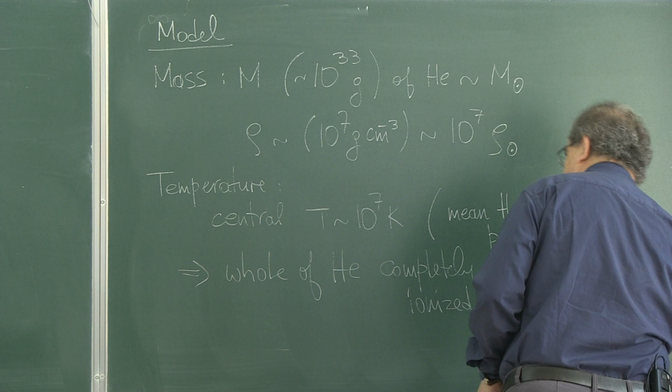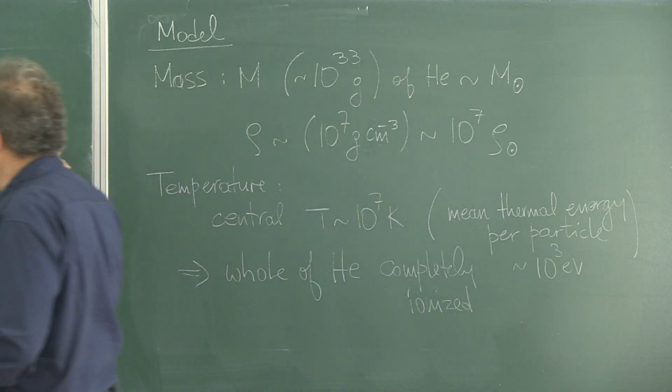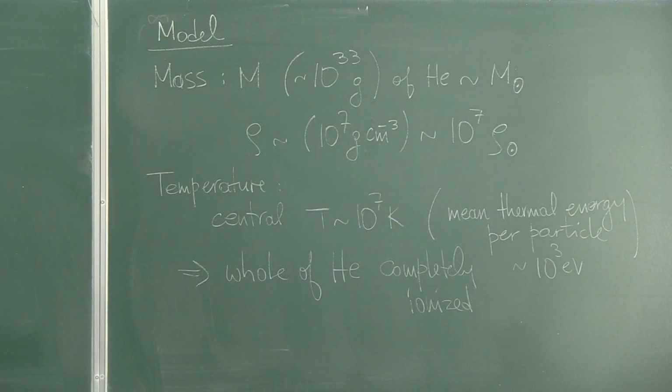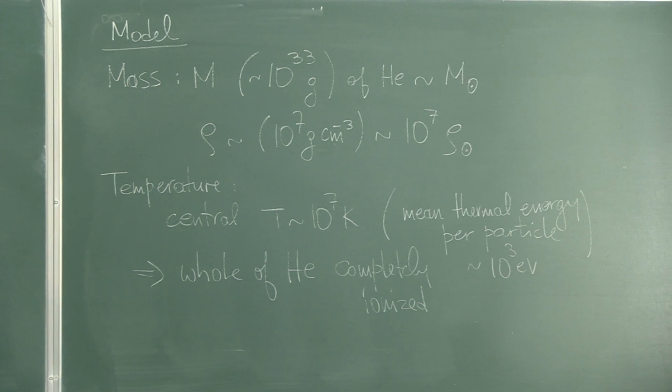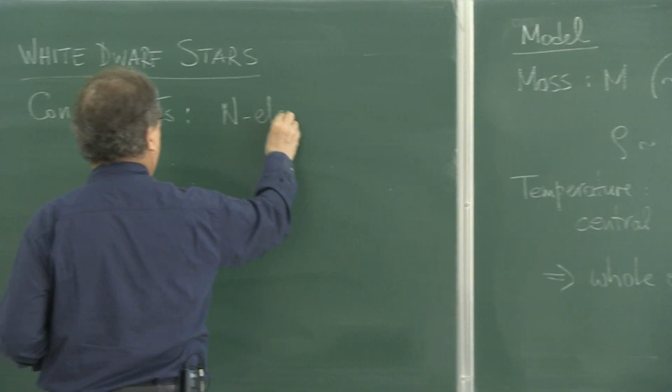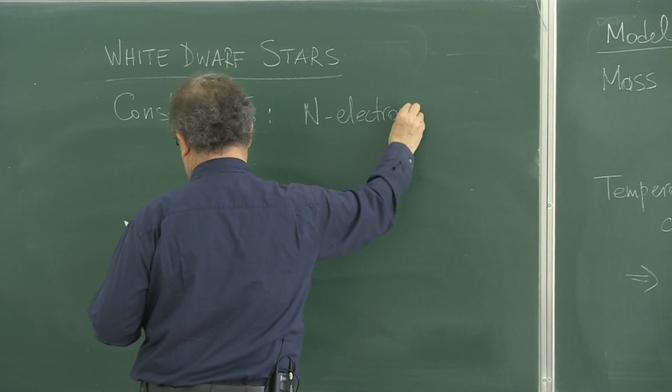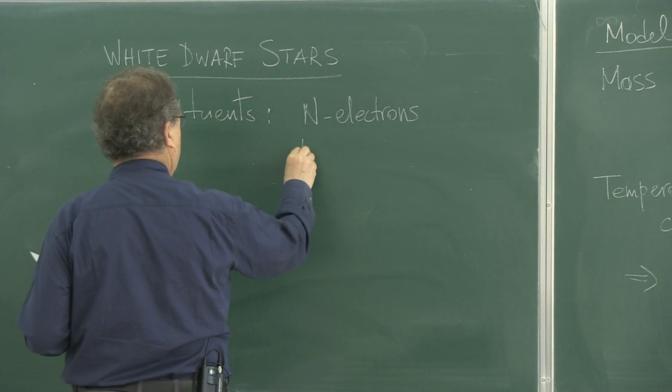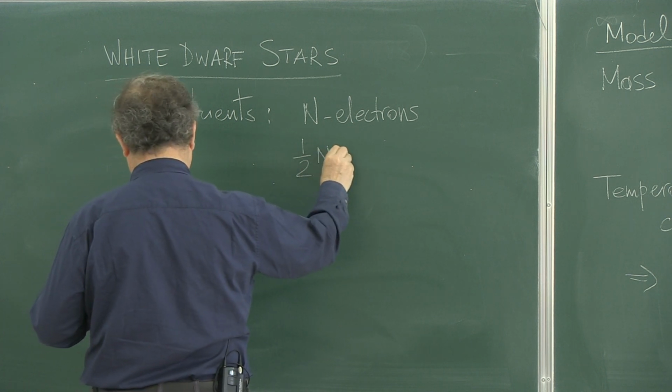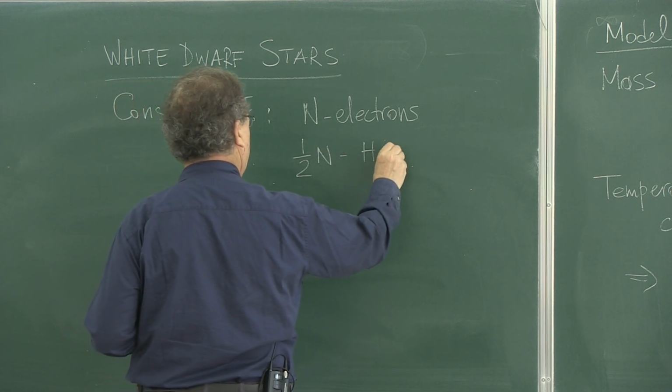Let's look at what is in the star, constituents of the star. Well, we have n electrons, and half this number helium nuclei, isn't it?